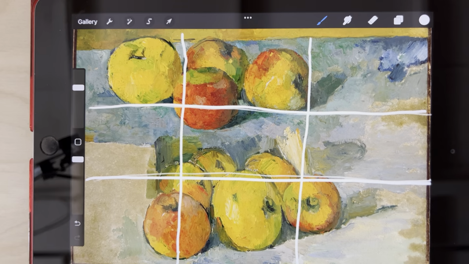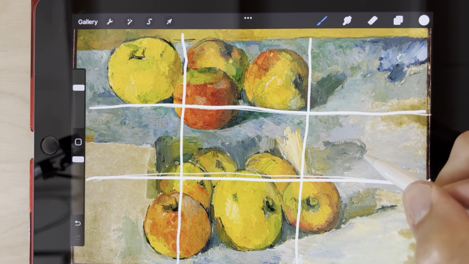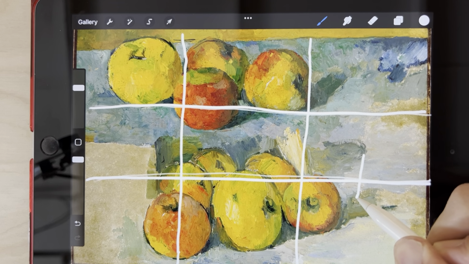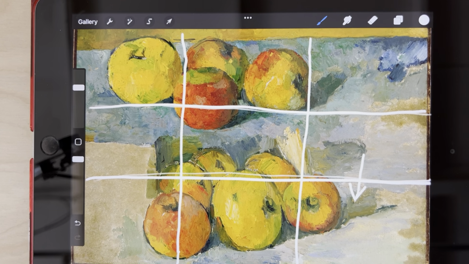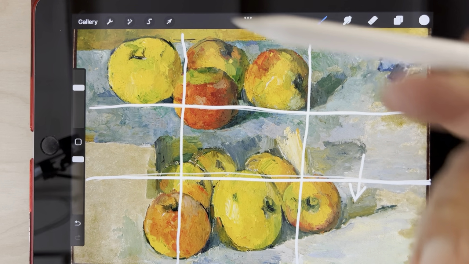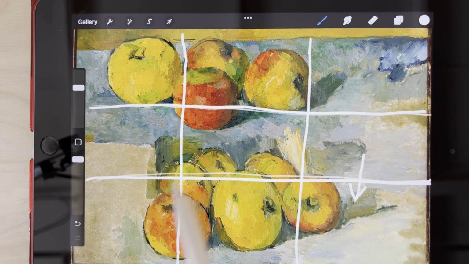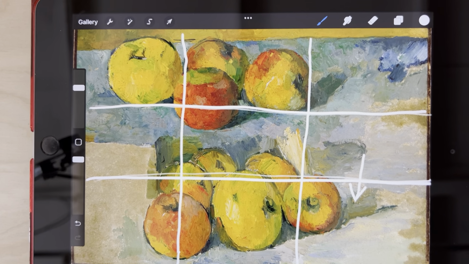So this makes for a very interesting composition because, in general, and remember, these are canons, and then you can come in and work on your own. But as a general rule, in order to keep your composition strong and the structure very interesting, when you divide it into thirds, as you can see, once I've put the grid line, it becomes very clear as to what exactly it was that he had done.